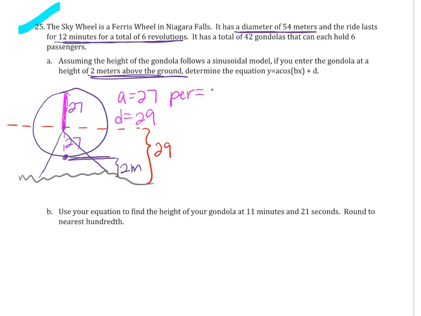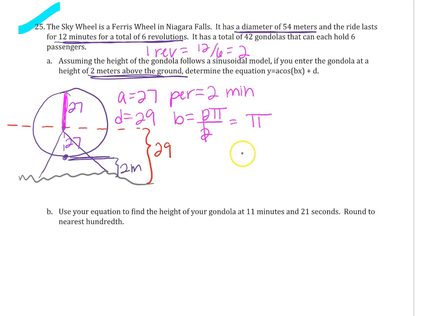Now, according to the problem, every 12 minutes you get 6 revolutions. So 1 revolution would be equal to 12 minutes divided by 6, which is 2. So that means every 2 minutes you're completing 1 cycle. Okay, so our frequency would be in terms of 2 pi divided by the period, which is pi.